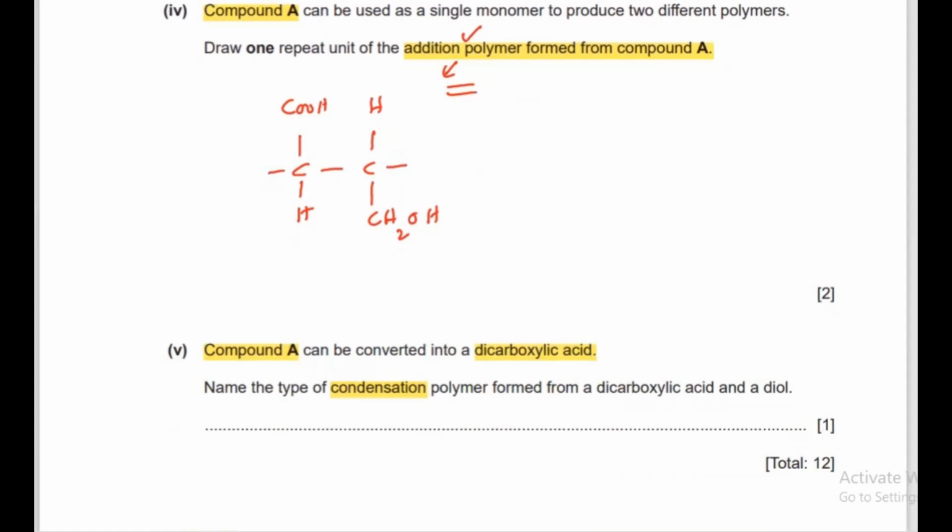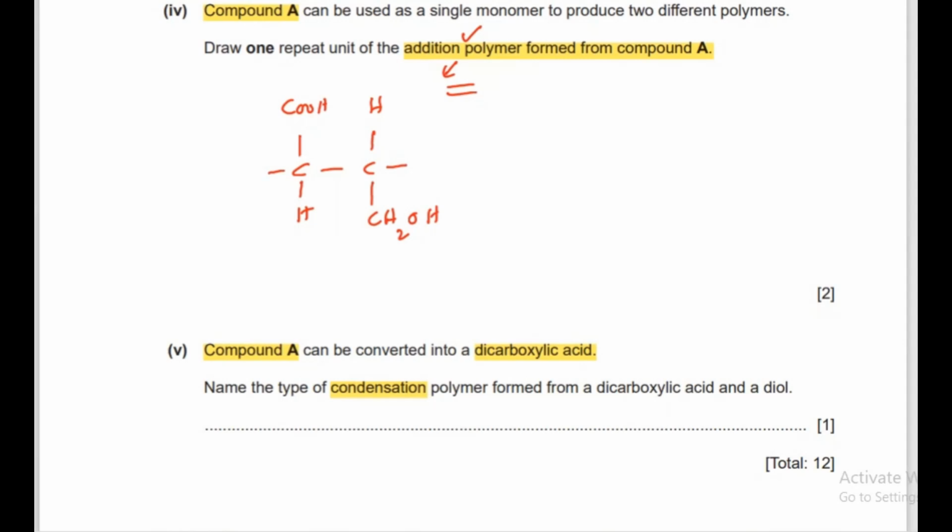Then compound A can be converted into a polyester. Compound A contains two groups, carboxylic acid and alcohol, so it can be used to make an ester as well. Whenever you get an ester along with some water, that type of polymerization is condensation polymerization.